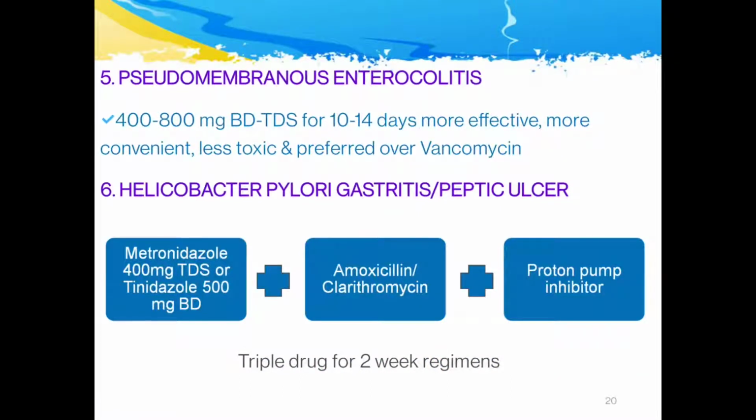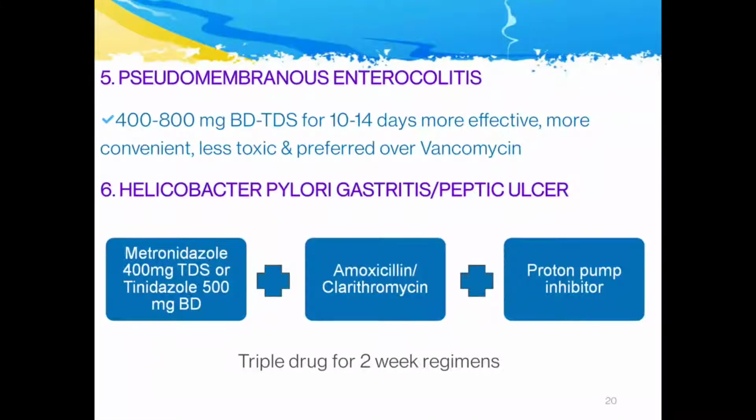Pseudomembranous enterocolitis: 400 to 800 mg TDS for 10 to 14 days, more effective, more convenient, less toxic, and preferred over vancomycin. The sixth use is Helicobacter pylori gastritis or peptic ulcer.